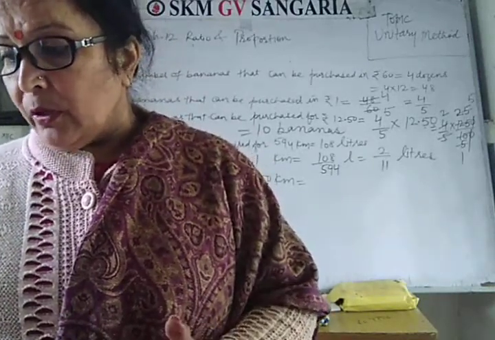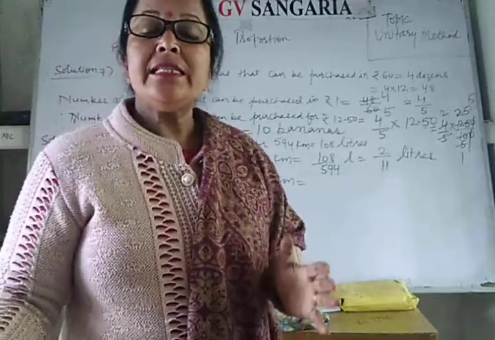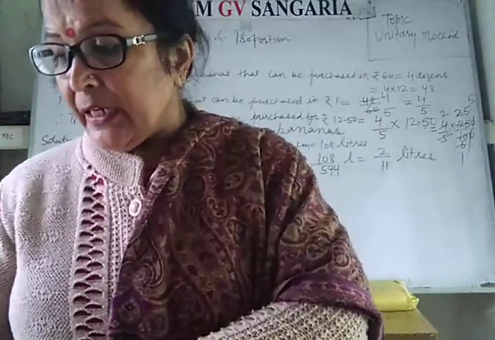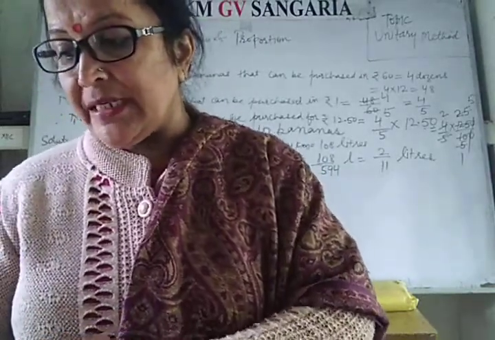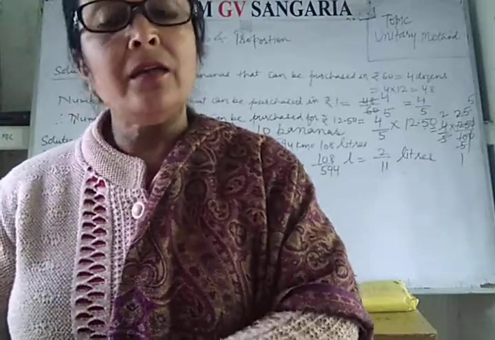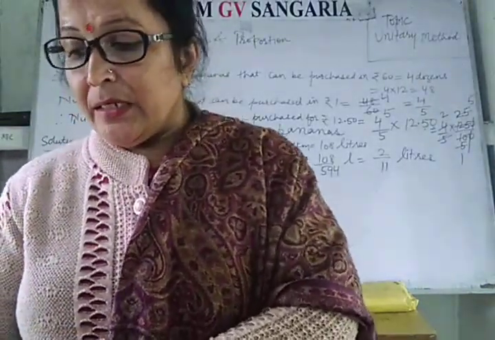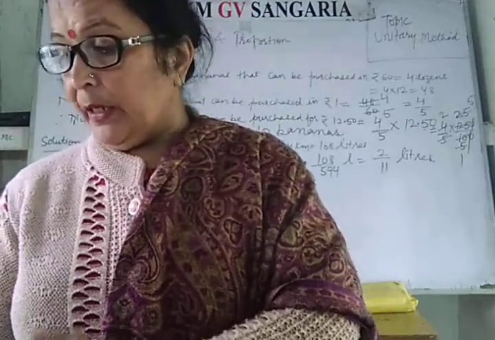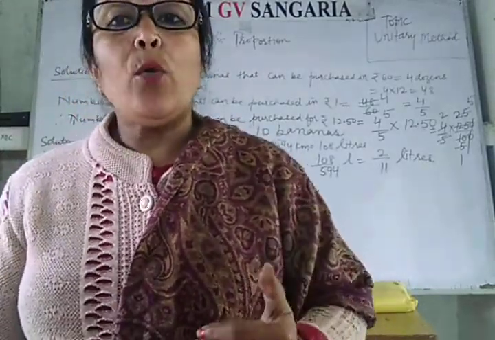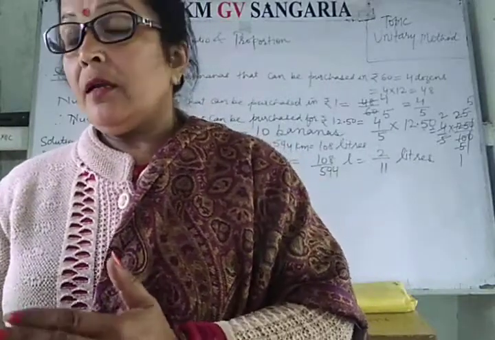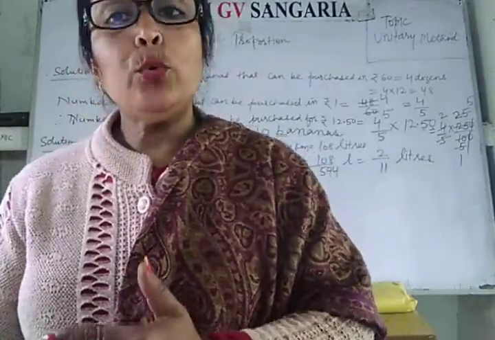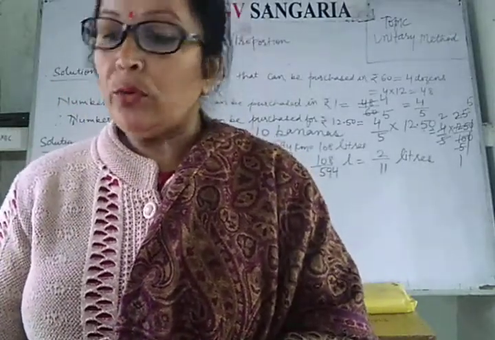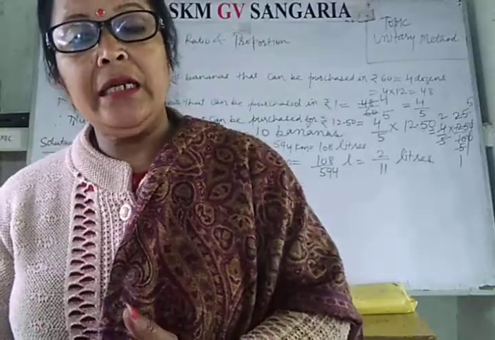So first of all, we will find the diesel required. In the question it is asked how much diesel will be required by the truck to cover a distance of 1650 kilometers. So diesel required to cover 595 kilometers is equal to what? 108 liters.